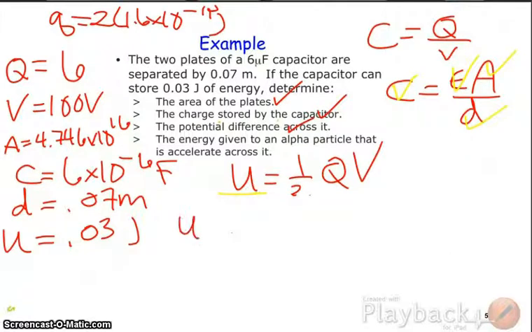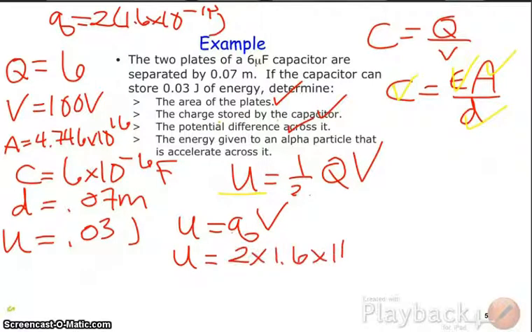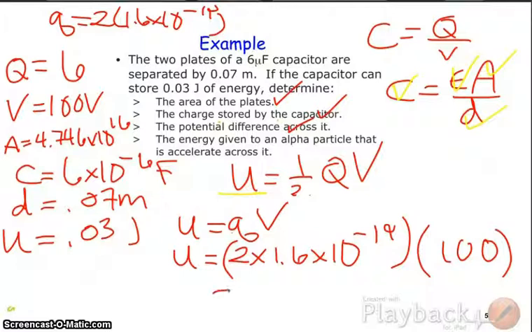And U equals K, well, it does equal that too, but we're interested in the QV. So U equals 2 times 1.6 times 10 to the negative 19th times V, which was 100. So we get 3.2 times 10 to the negative 17th.